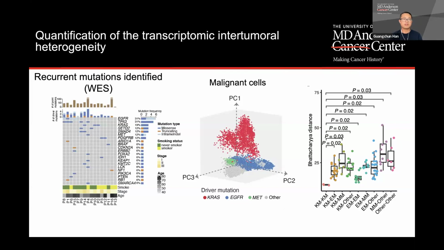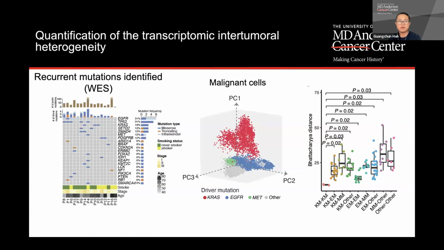The first thing we did is to ask whether these mutations can be reflected at the transcriptomic level. So we performed PCA dimension reduction based on the expression profiles, and then projected the mutation information onto this PCA plot.